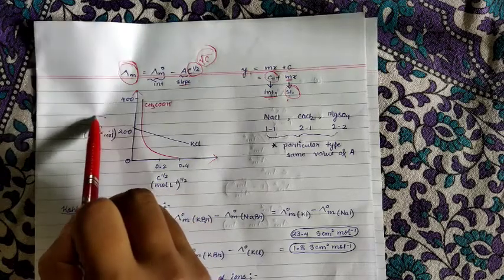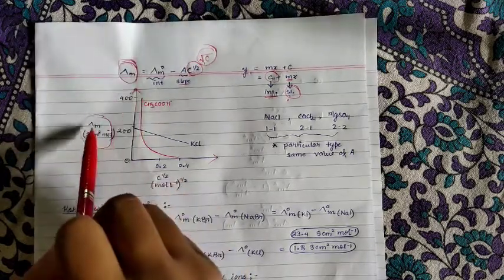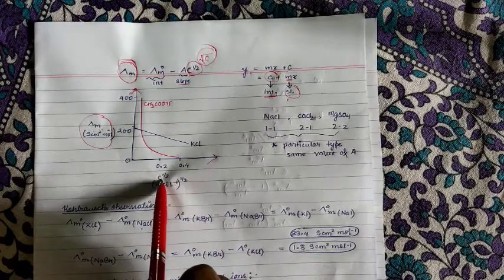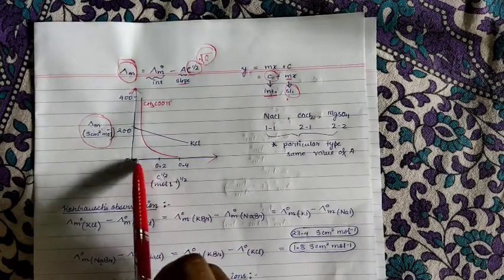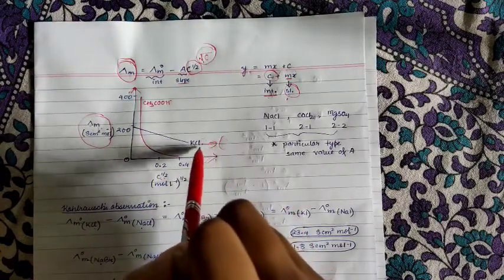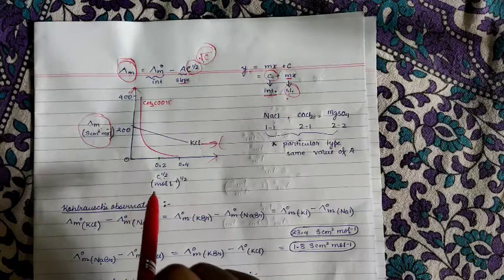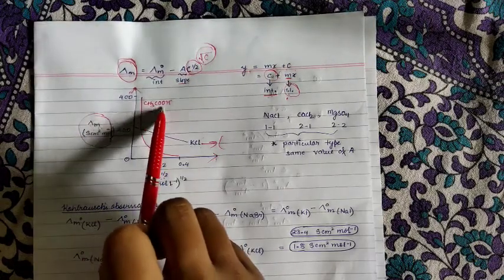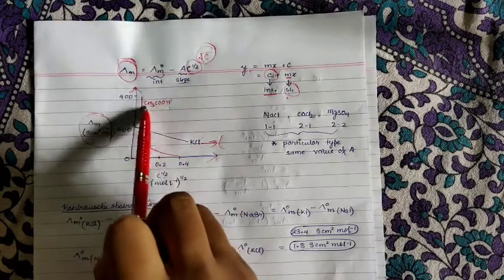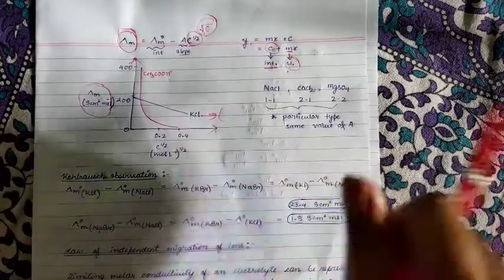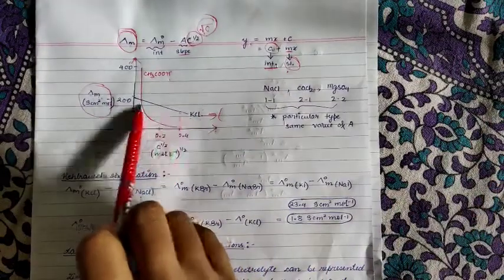So if you plot the y-axis as lambda m, that is molar conductivity, and root over c on the x-axis for KCl, which is a strong electrolyte, you will get a straight line. Now let us understand only for KCl, because CH3COOH is a weak electrolyte and we will study it later in the session.